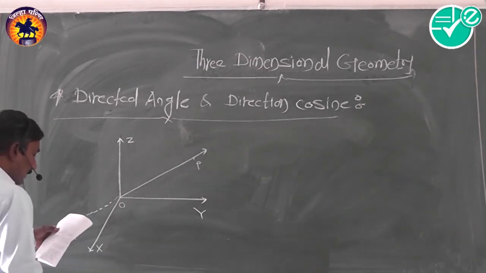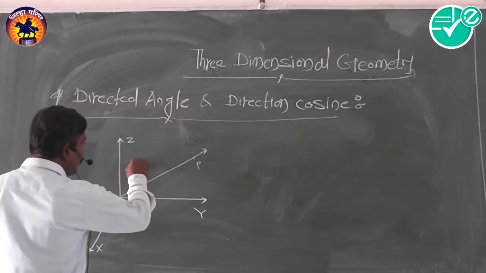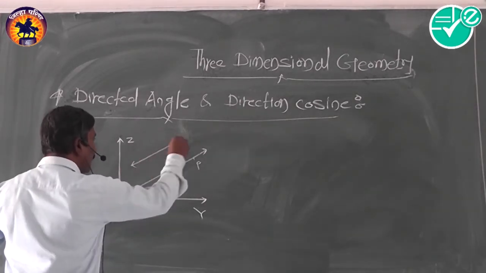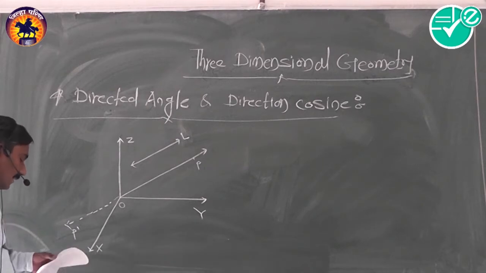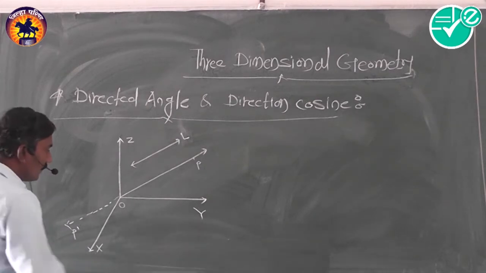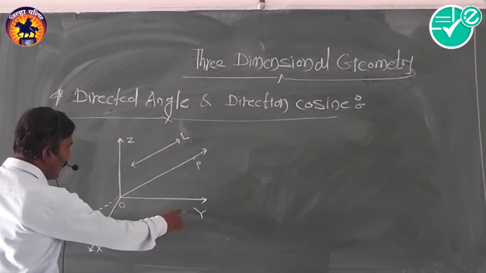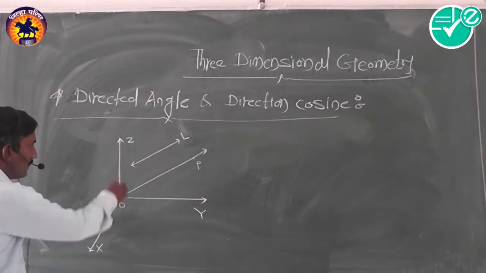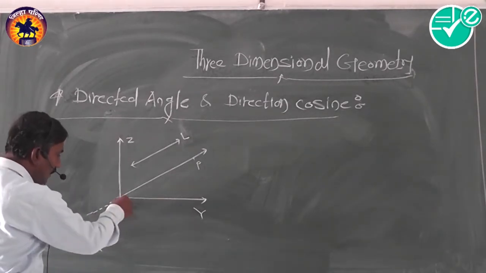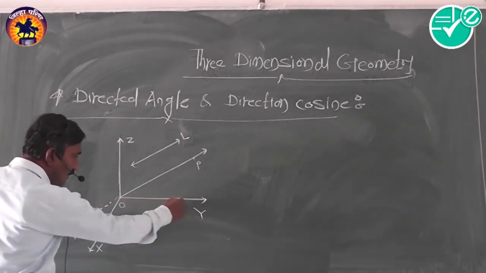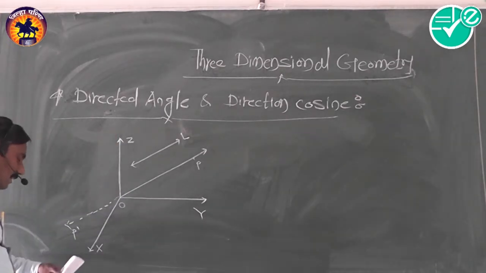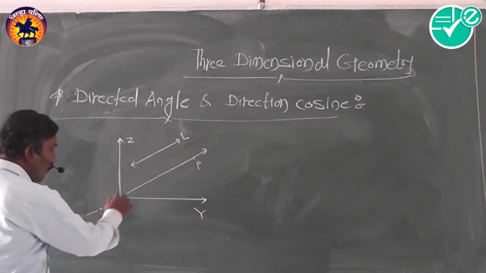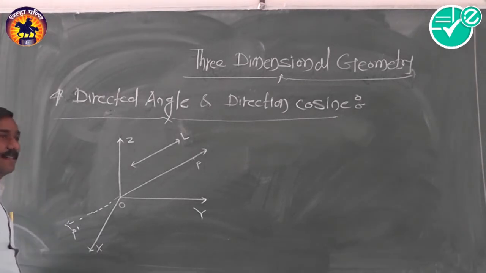Here we can also consider the line L. This x-axis, y-axis, z-axis means this is three-dimensional, this is width, this is length, and this is our height. Now here, that OP line creates the angles.